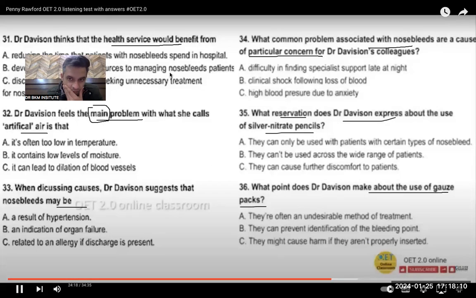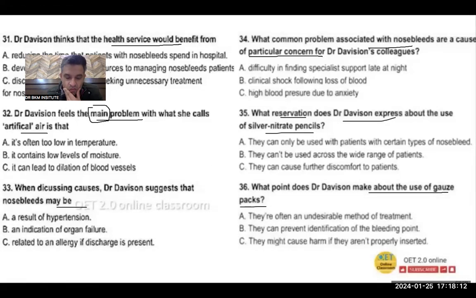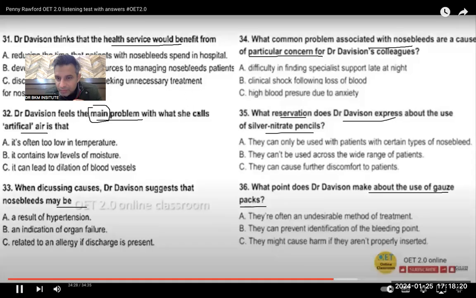Signs of shock, and it's rare to lose that amount during a common nosebleed. But if you ask any of my colleagues in ENT what they most hate dealing with, it's nosebleeds. This is because they tend to come in late at night. The patient's often scared. They tend to come late at night, means nose bleeding patients come late at night.